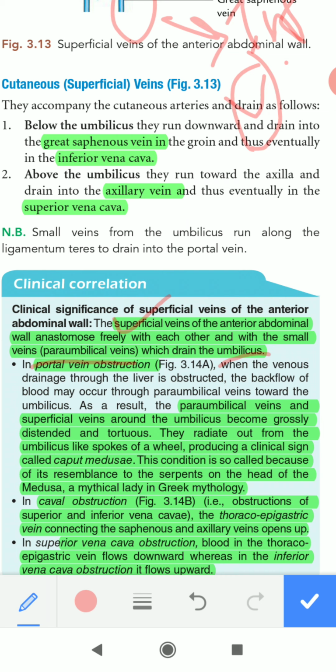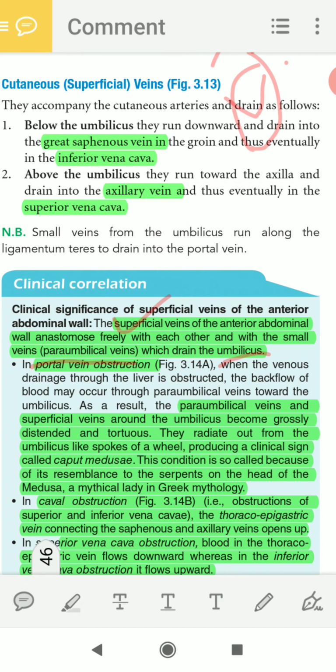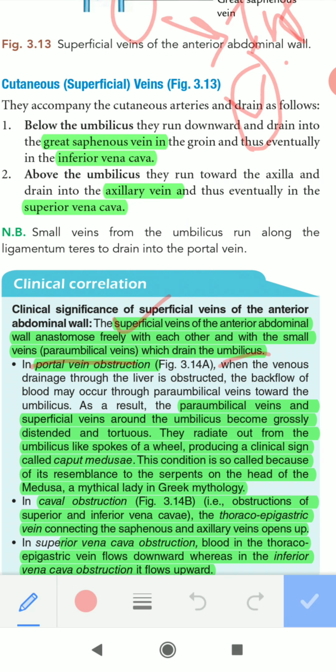If the portal vein is obstructed, the para-umbilical veins and the superficial veins in the umbilicus, which are anastomotic, become grossly distended and tortuous, and they radiate out from the umbilicus like the spokes of a wheel. They call this caput medusae because they look like the head of Medusa, a lady in Greek mythology.